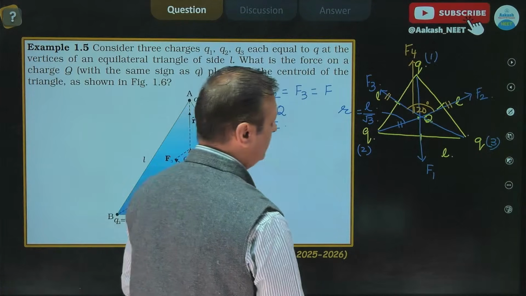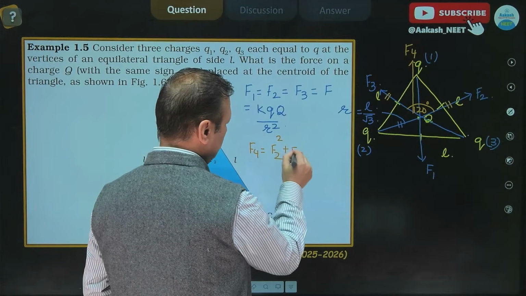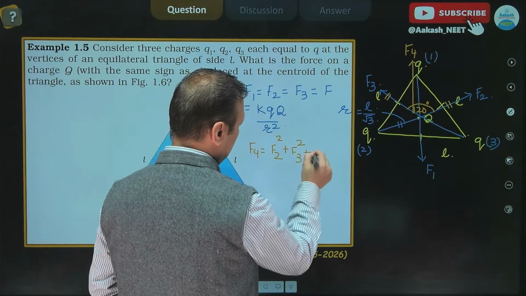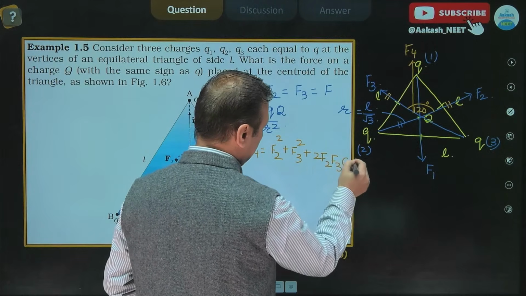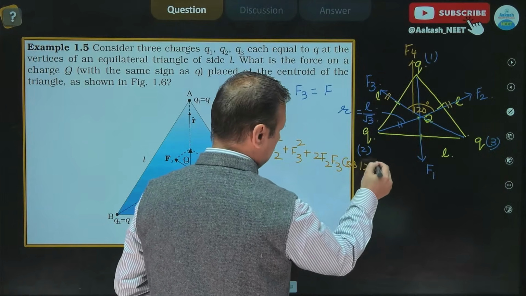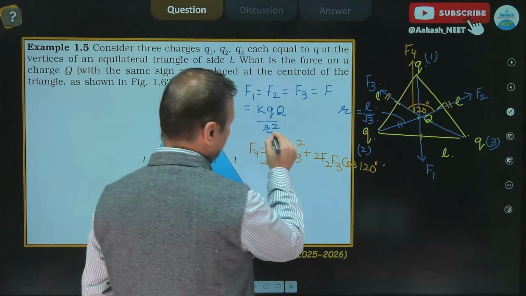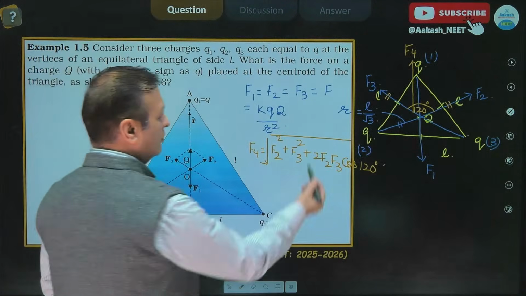F4 is basically the root of F2 squared plus F3 squared plus 2 F2 F3 cos 120.